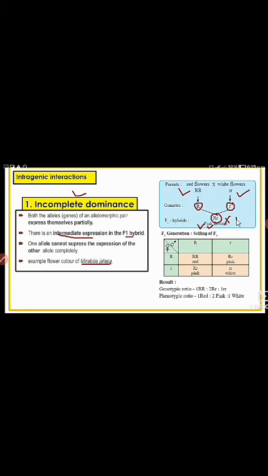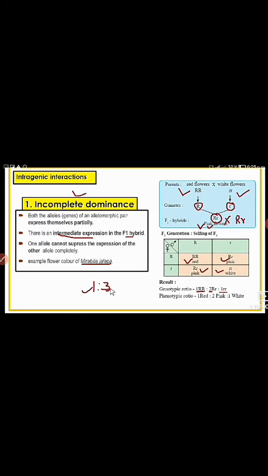Instead of red color, what does it form? Pink color flowers. Capital R, small r is there, but it is not red. Capital R capital R is red, capital R small r is pink, and small r small r is white. So the genotypic ratio and phenotypic ratio are 1 to 2 to 1.